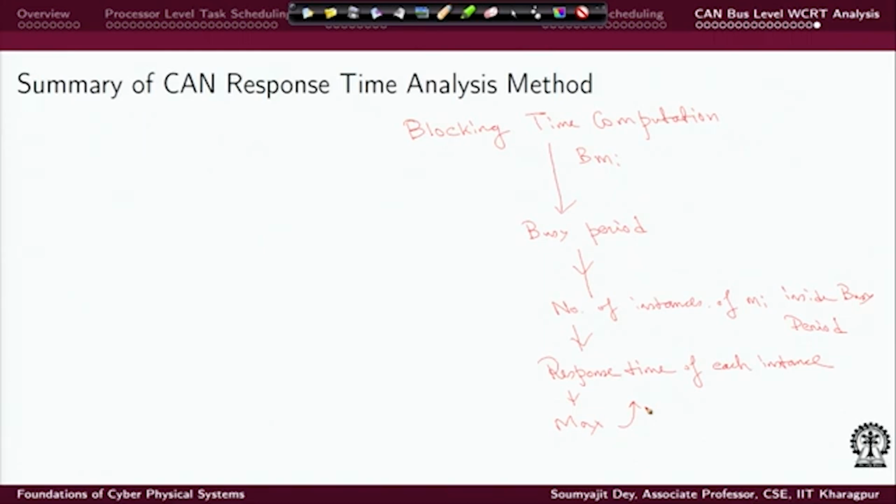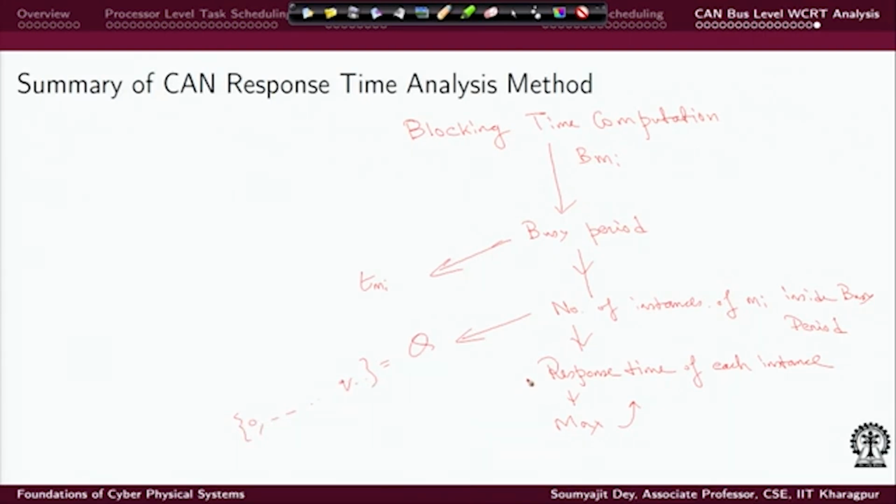So from BMI we calculated the busy period using that recurrence equation, right? And we got this time for the busy period, and then we computed the Q number of instances, right? And that was containing this 0 up to some Q elements.